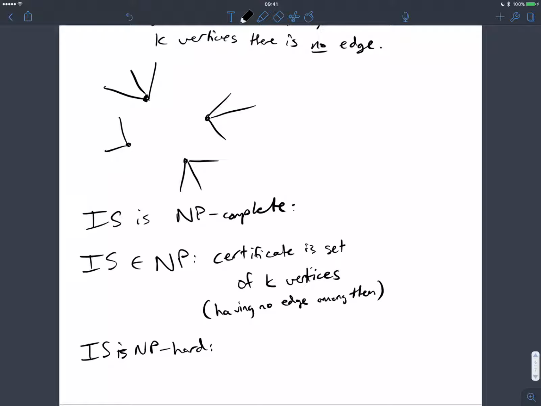Well, now we have a whole host of problems to work with. We have CNF-SAT, we have 3-SAT, we have clique, we have vertex cover now. So which problem seems closest to this one? Well, vertex cover is pretty close. It has graphs in it, but is there one that's closer?